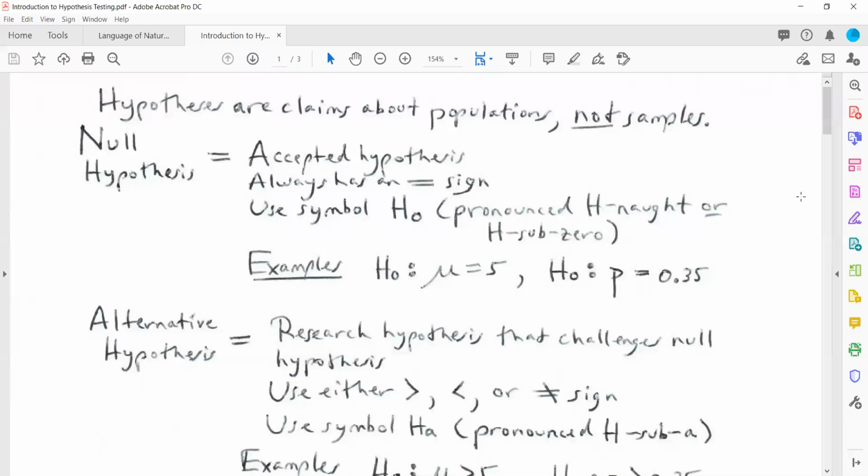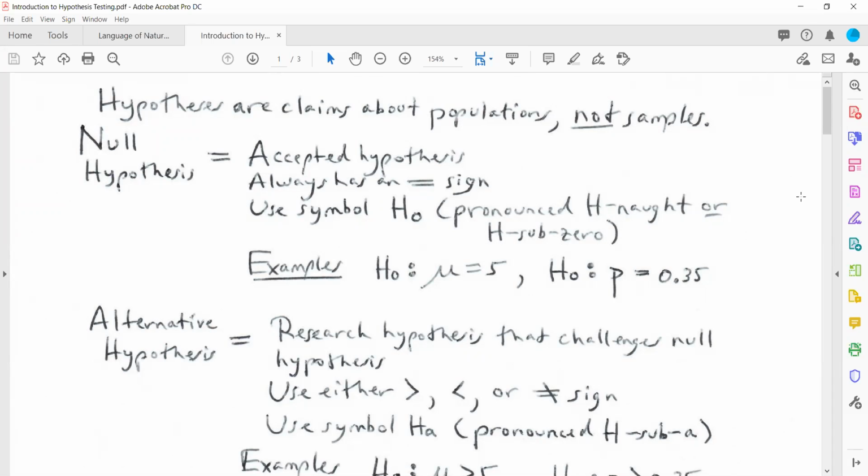It's unknown, but somebody has, through some previous research or whatever experience, come up with their own hypothesis about that value. So there's a value, it's the null hypothesis, and then somebody comes along, like a researcher, and claims, hey, I don't think that's true, and I'm going to try to prove it using the sample that I've gathered. And that's called the alternative hypothesis. So it's something competing with the standard null hypothesis.